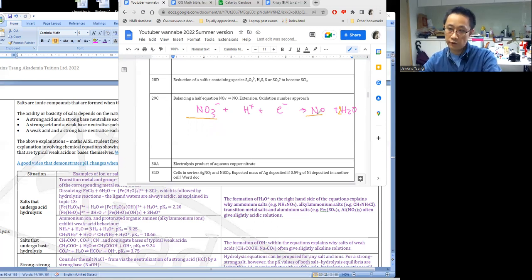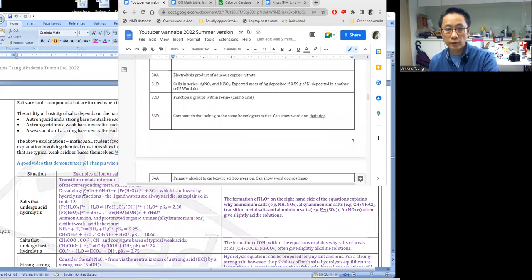So the only way to fix the oxygen balance is to alter the water coefficient. So you have 2 waters, which provides 4 hydrogen atoms, so you can introduce 4 H pluses on the left-hand side. And then to balance the electrons, the right-hand side is electrically neutral, while the left-hand side is 3 plus before you worry about the electron. Accordingly, you need to introduce a 3 in front of the electron. Either way, the answer is C.